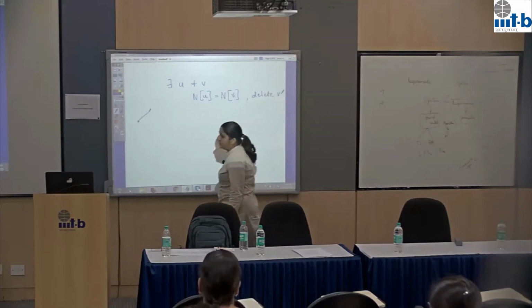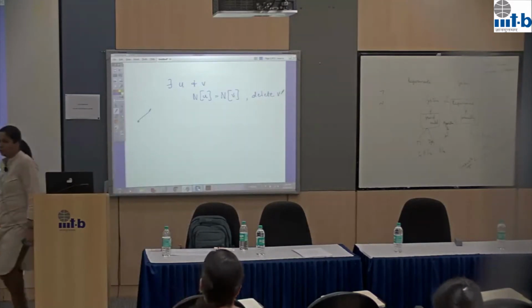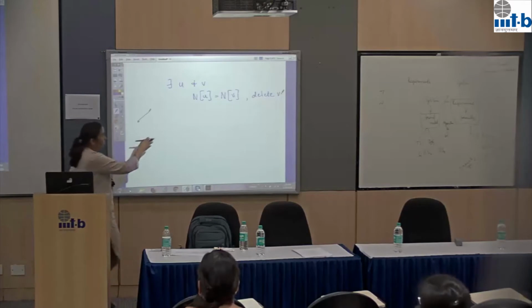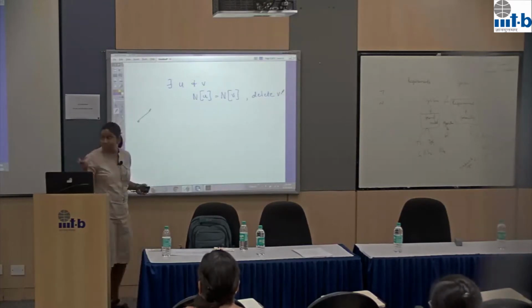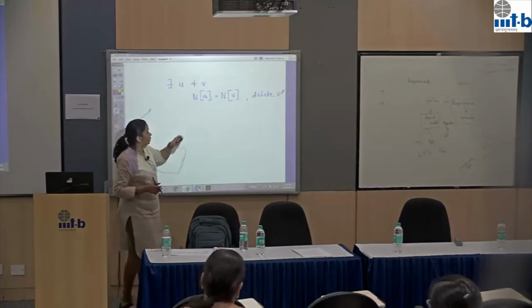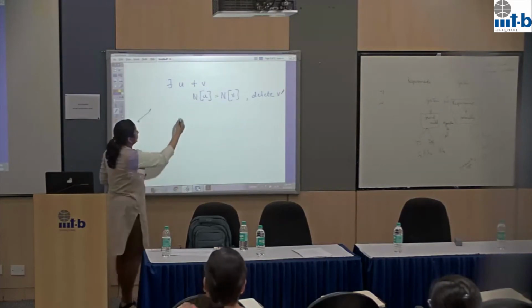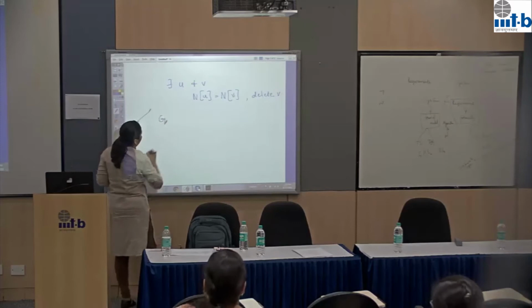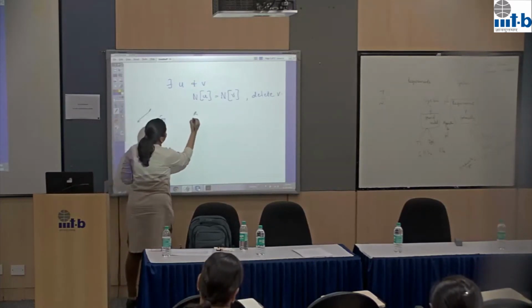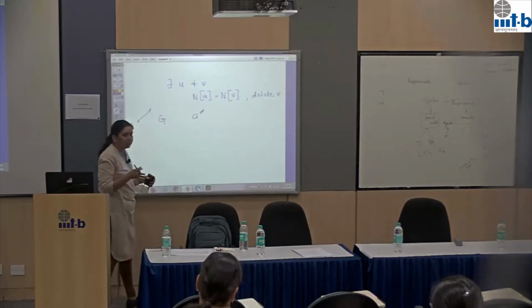Okay, why was this reduction rule okay? Or why was this correct? To prove this, we say the rule is safe. When a reduction rule is correct, or it gives you an equivalent instance, we say that the reduction rule is safe. So this reduction rule is safe because, let's say, G is the graph which contains both u and v, and G prime is the graph in which v is deleted.